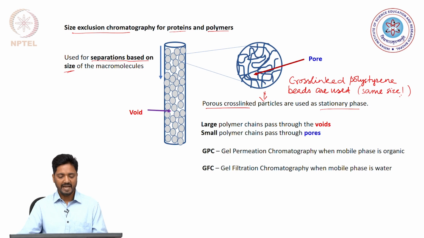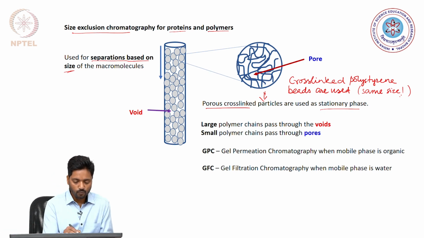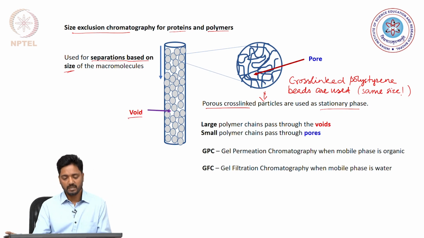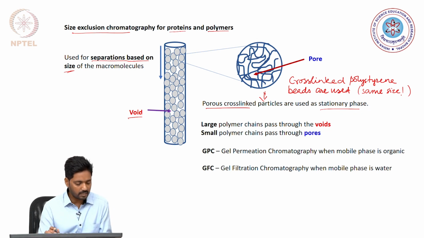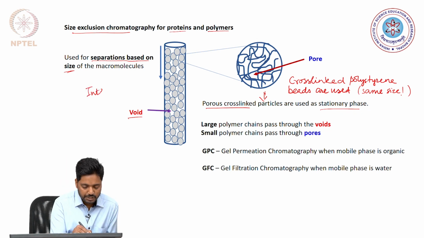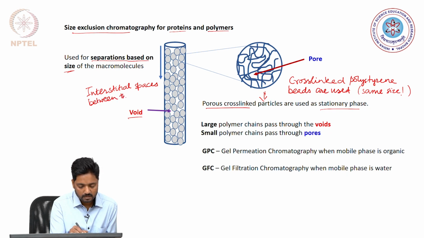One is that we have voids in between the particles. The voids are interstitial spaces between the particles.